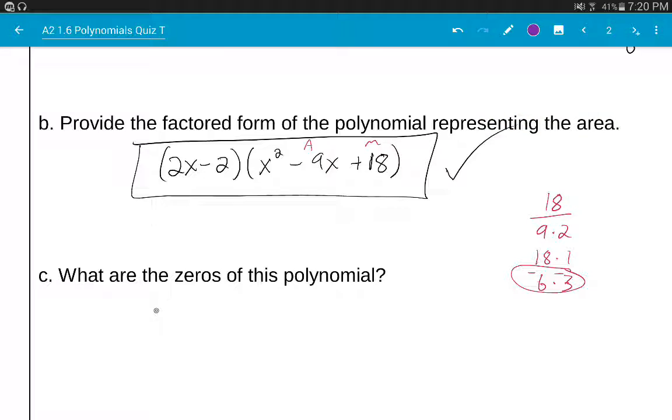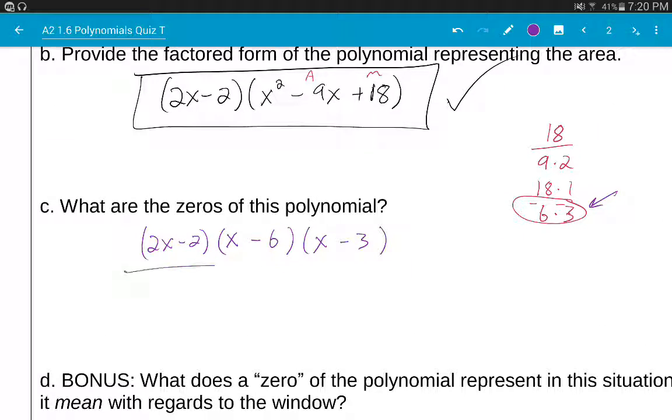I'll rewrite this just once more: 2x minus 2, and then this is going to become a double bubble of x and these two numbers right here, so x minus 6 and x minus 3. We can T-chart these, set them equal to 0, because they want the zeros.